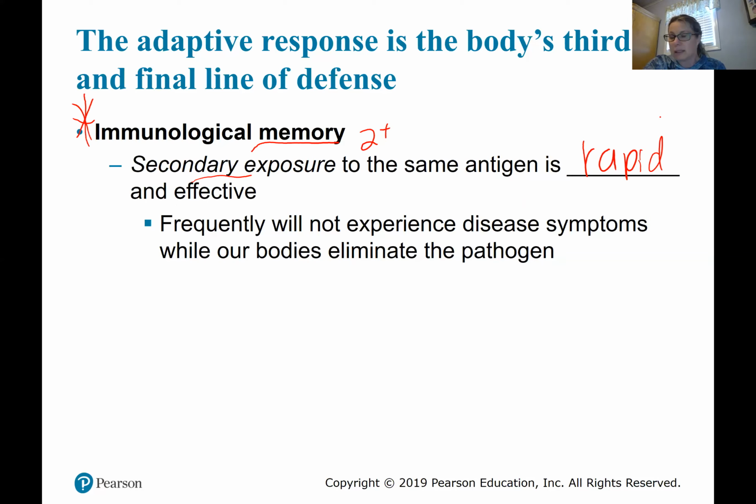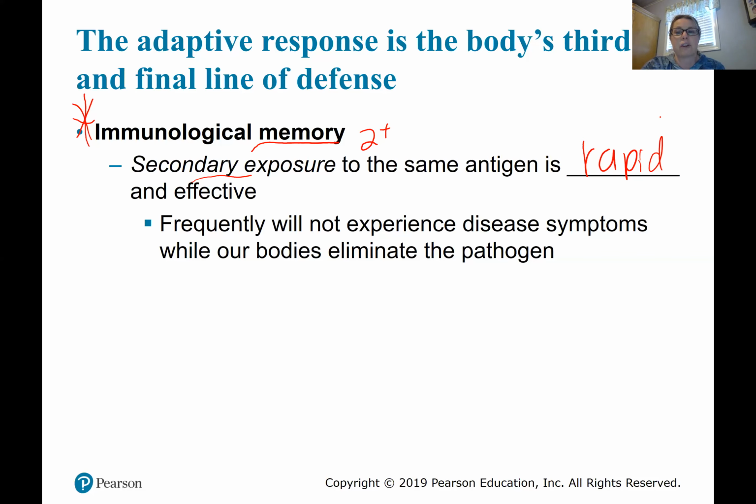This is why we give vaccinations. We have a chapter coming up, chapter 14, that gets more in depth into vaccinations. But vaccines are developed to give the body that initial exposure without the chance of getting sick and getting the symptoms. So it exposes the body to antigens so that it can make memory.